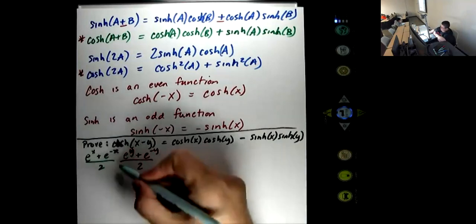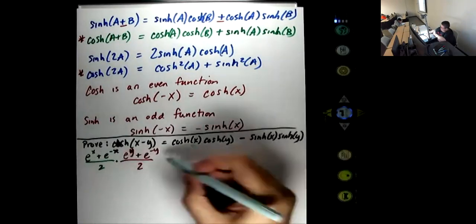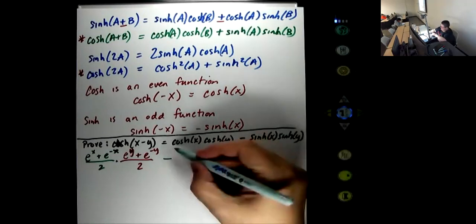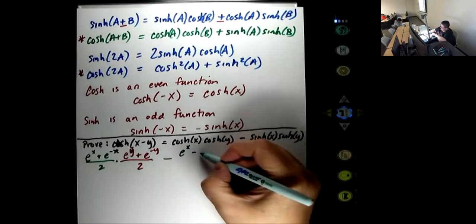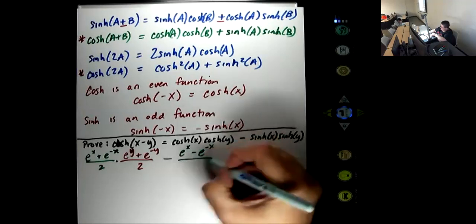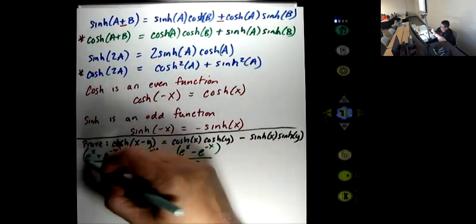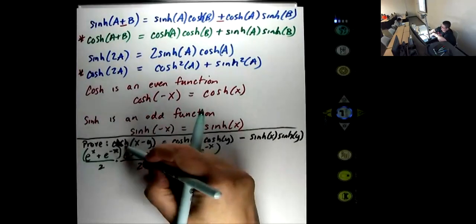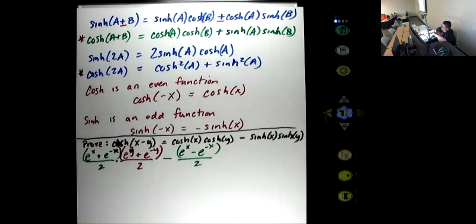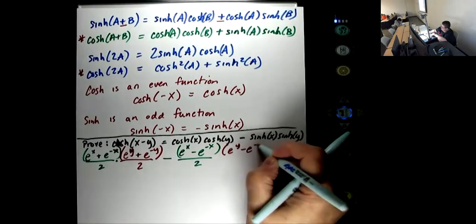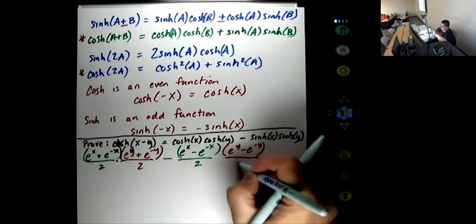And we're multiplying those together, and we've got a minus here. Sinh x is e to the x minus e to the negative x over 2. Maybe I should put this stuff in parentheses. And sinh y is e to the y minus e to the negative y over 2.